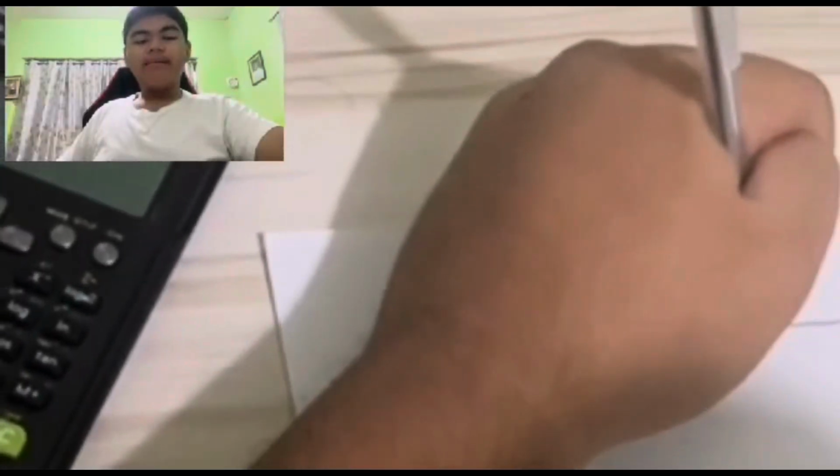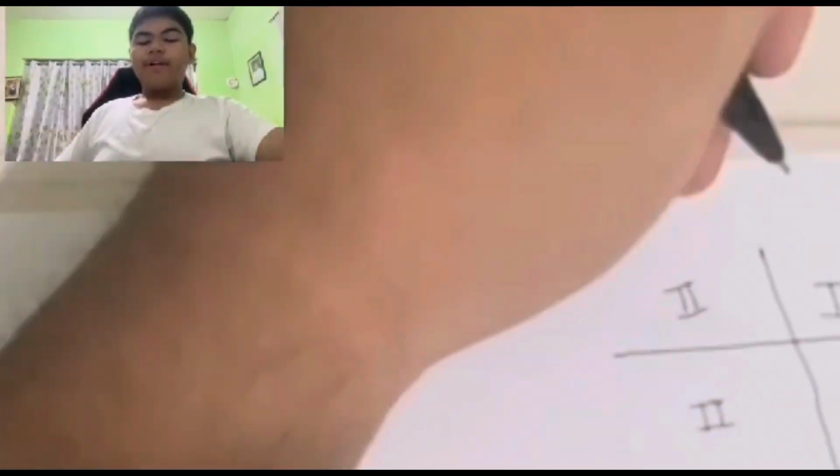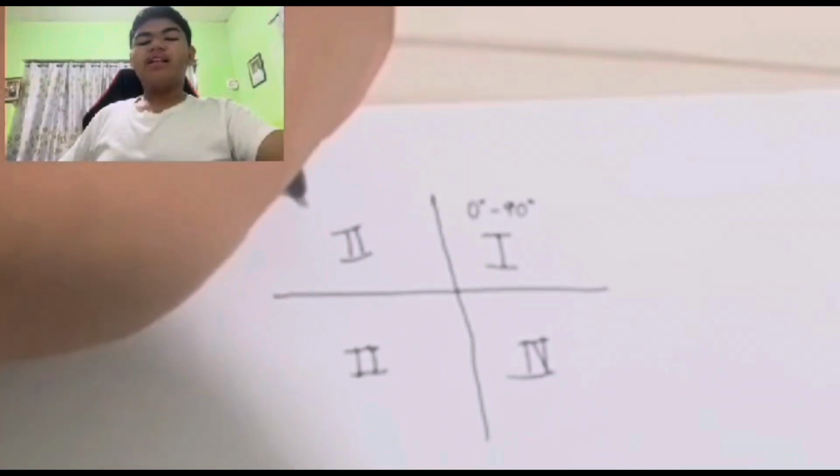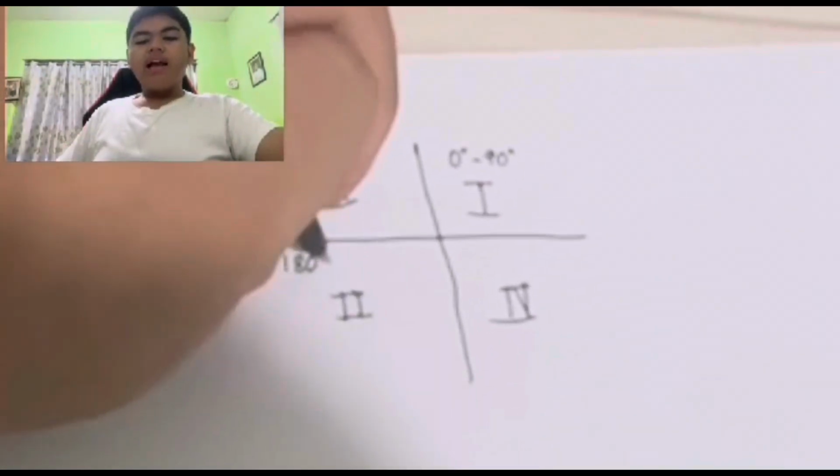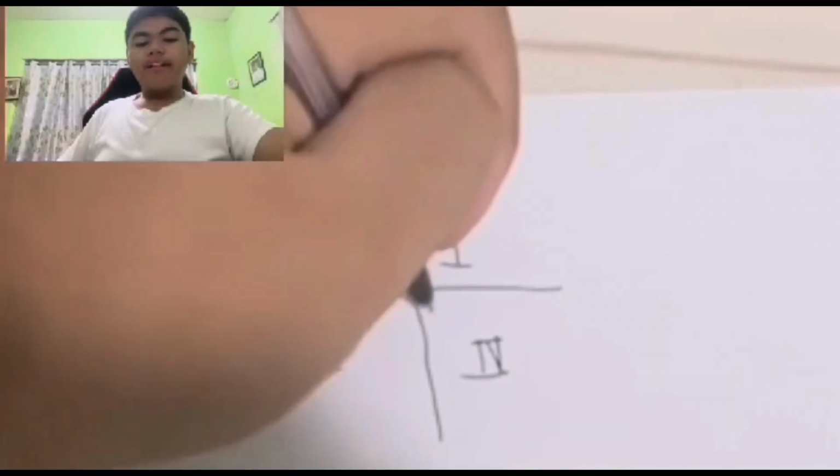So today, I'm going to show you the angle measurement of quadrants. We have here quadrant 1, which is 0 degrees to 90 degrees. Quadrant 2 is 90 degrees to 180 degrees. Quadrant 3 is 180 to 270 degrees. Quadrant 4 is 270 to 360 degrees.